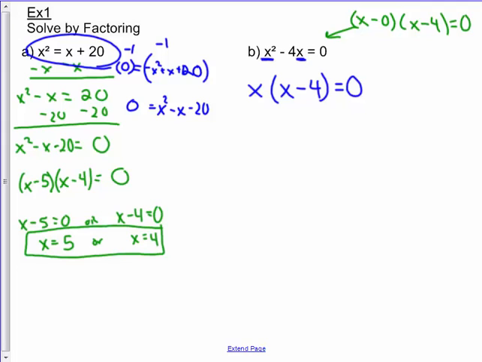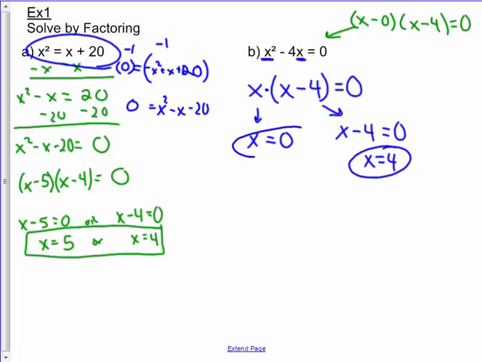But I have two things here multiplied to be 0. The first one, x equals 0. The second one, x minus 4 equals 0. I'm going to move the 4 over to the other side, so I get x equals 4, x equals 0.